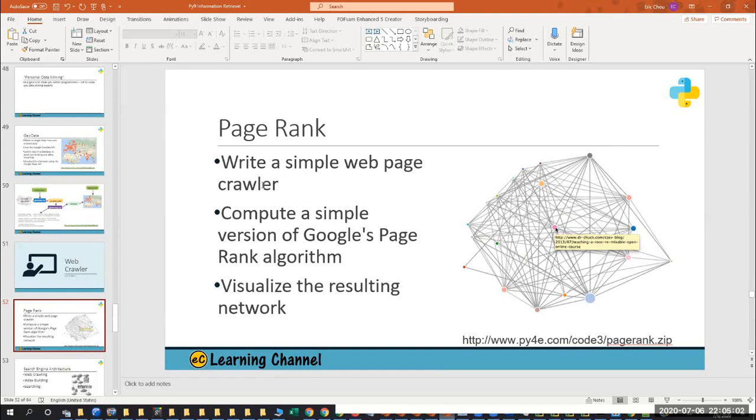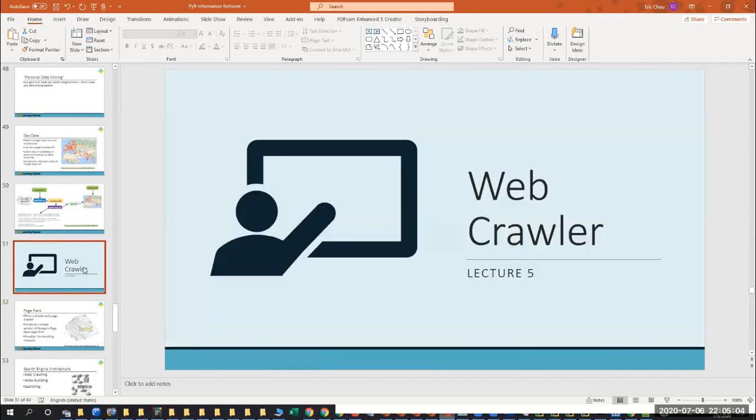That's called a web crawler. It goes through every web page, gets some data from there, and then you analyze it, rank it, or do whatever you want.